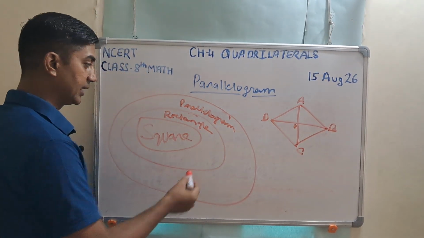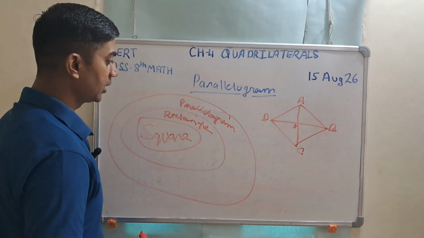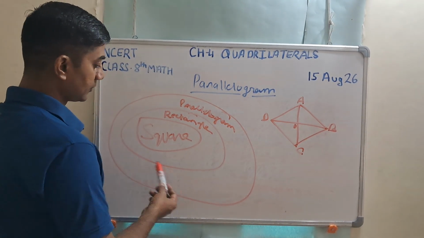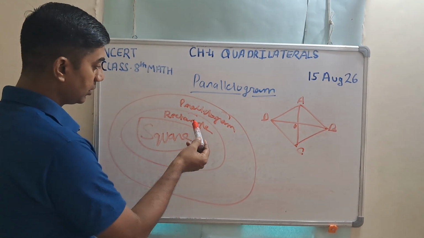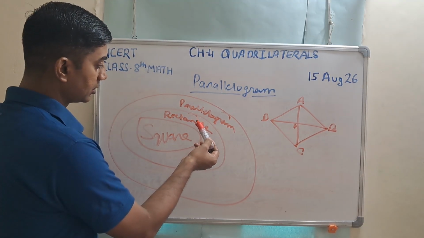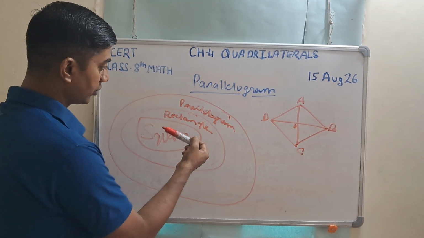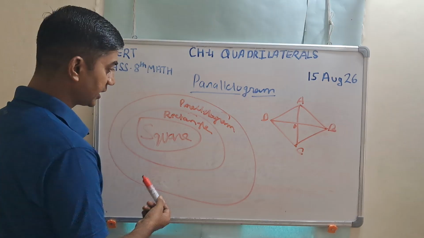Understood? So all the rectangles are parallelograms, but not all the parallelograms are rectangles.